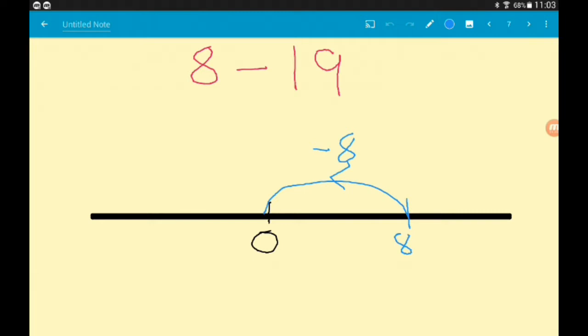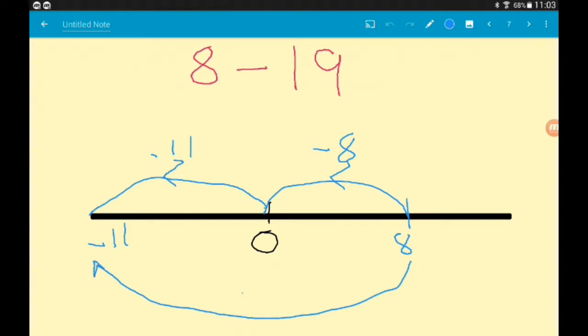So, if we've subtracted 8 so far, that leaves us with 11 more to take off. So, we go another 11 places to the left. So that takes us down to minus 11. So again, altogether, we've taken away 19, but we've just done it in 2 steps using 0 as a checkpoint.